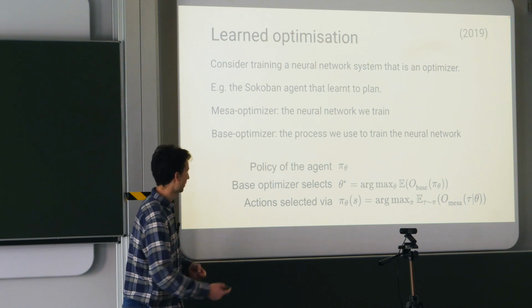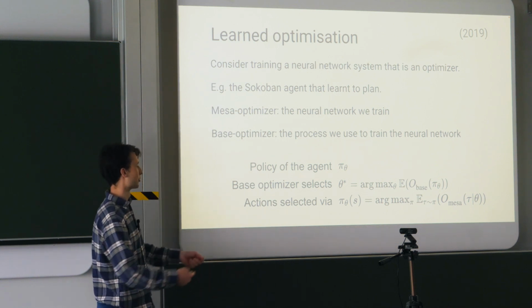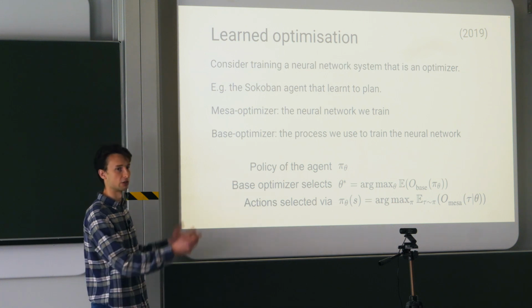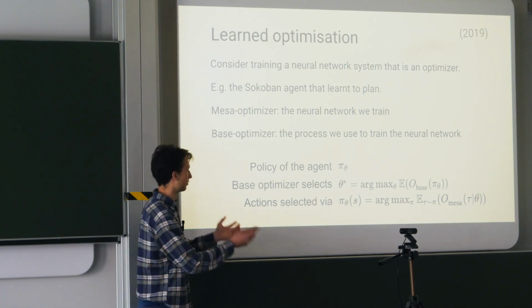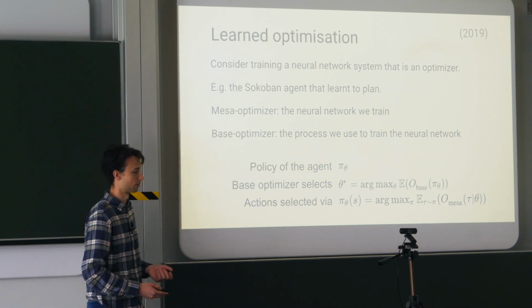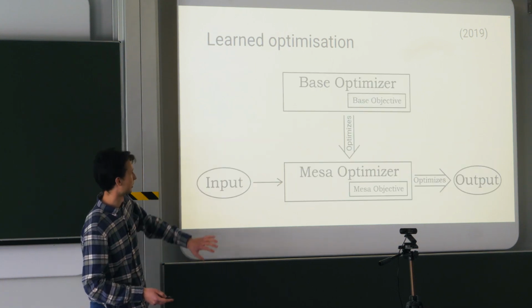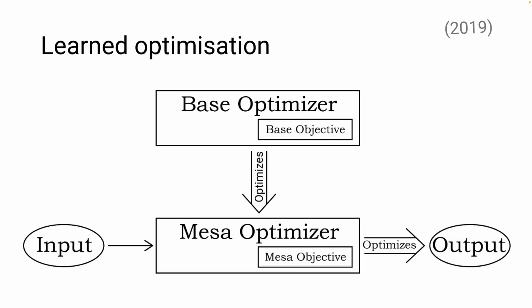It might be a good approximation that the action selected by the agent might be well modeled as maximizing some objective of the trajectory, where the objective depends on these parameters theta of the policy. So in this example, the base optimizer is this gradient descent process.